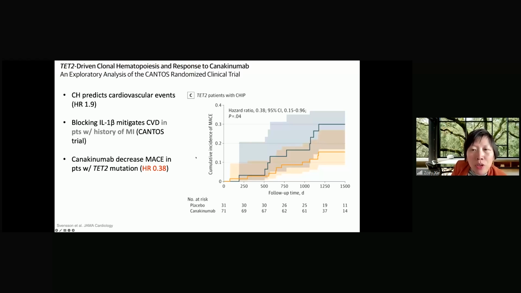In this New England Journal paper, this is called the CANTOS trial, a cardiovascular trial. Patients who received the IL-1 beta inhibitor canakinumab were shown to have lower cardiovascular disease events. In the exploratory analysis from this trial, a subset of patients with clonal hematopoiesis were studied, and canakinumab was found to decrease major cardiovascular events in patients with TET2 mutation.